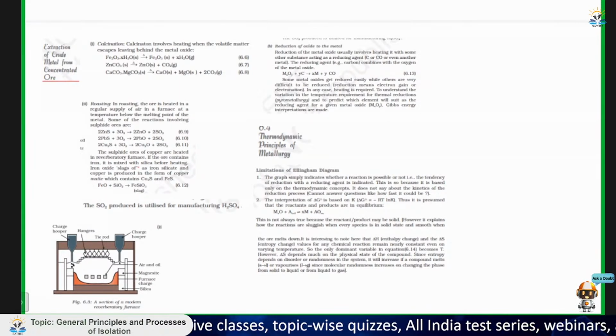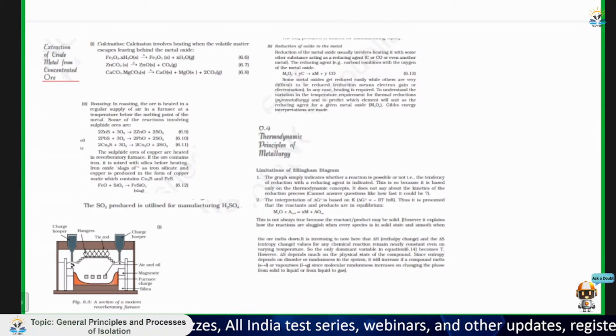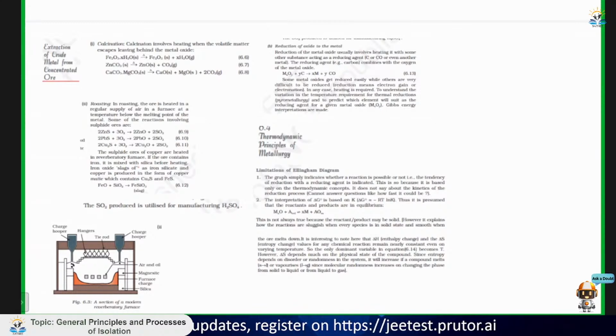Roasting is burning the ore in presence of air, or otherwise called oxygen. Roasting, you're gonna need it for sulfide ores, when your sulfide needs to turn into SO2, and your metal needs to turn into oxide. Oxides are easier to reduce than sulfides, so that's the thing.